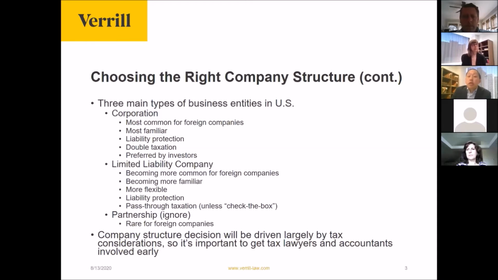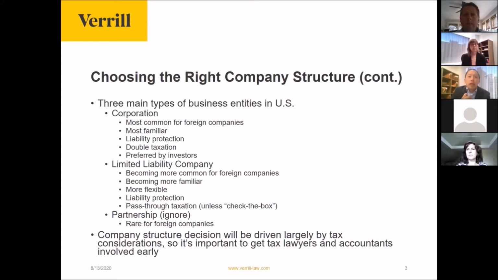With LLCs, there's a definite trend of foreign companies forming more and more of them. For a while, LLCs were very new, so people were less familiar with them. Now they're not so new anymore. At least in Delaware, they've been around for almost 3 decades, so they're becoming more and more familiar.